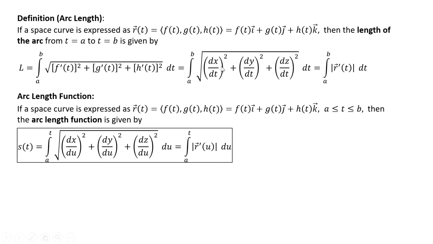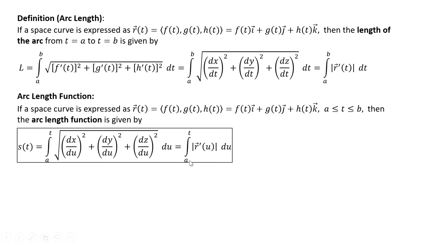Is dx/dt kind of the same as dx/du? Of course it is. But you cannot have the limit of integration be t and also be integrating with respect to t. You see that? That's the only small difference.